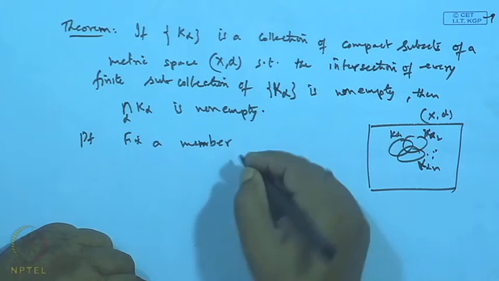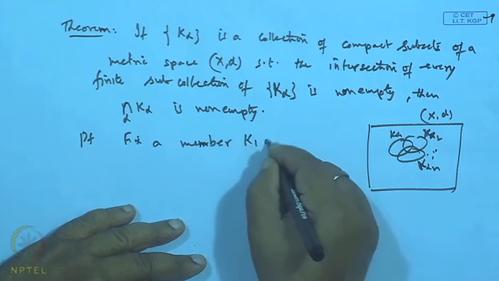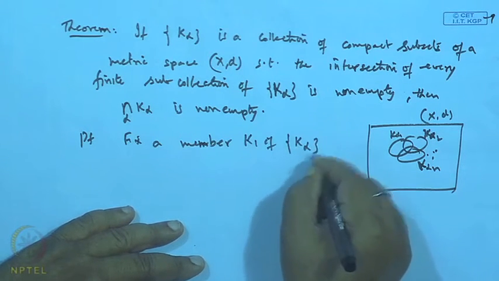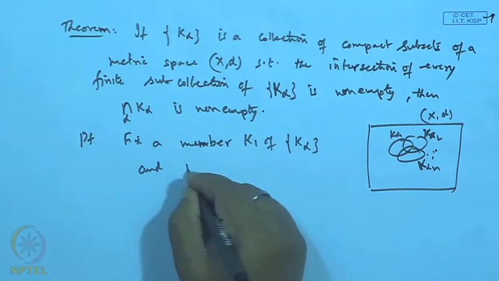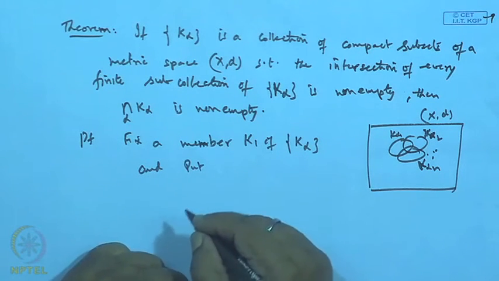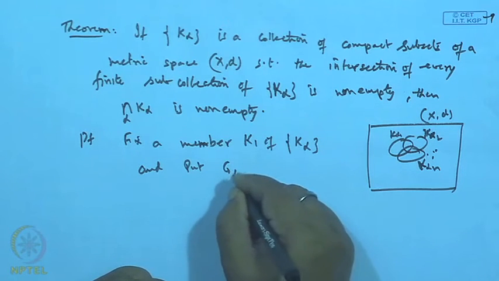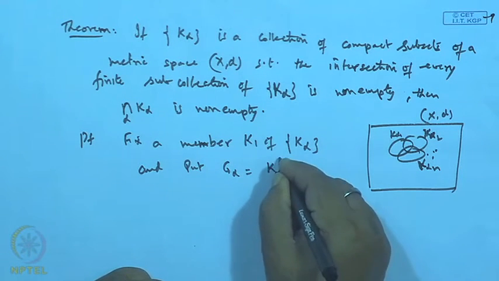Then fix a member K 1 from the sequence of compact sets K alpha, and put G alpha as the complement of K alpha.